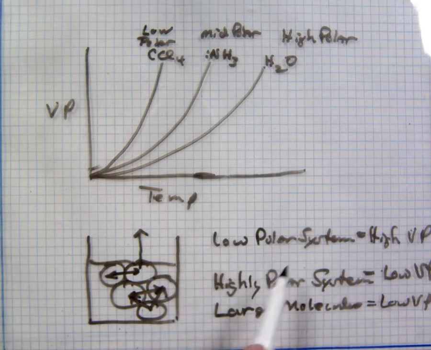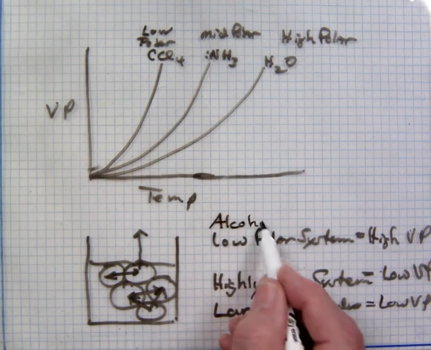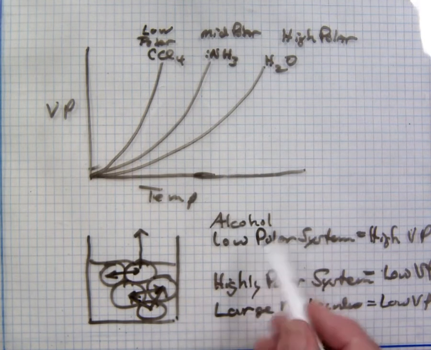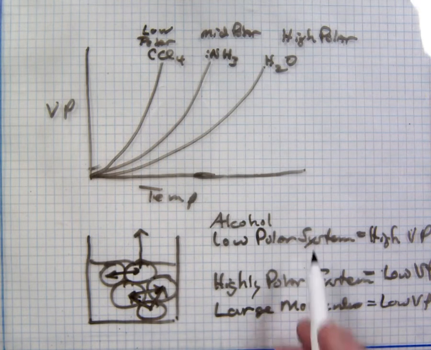When we talk about high vapor pressures, we're talking about things like alcohol that has a low polarity in some cases. It'll exist as a liquid, but it'll evaporate very, very quickly. One of the things I meant to say about evaporation being a surface phenomenon, that's one of the reasons that when you wipe up a spill of water, you spread it out. You want to soak it up, of course, but also spread it out to expose more molecules to the surface, and it evaporates quickly.